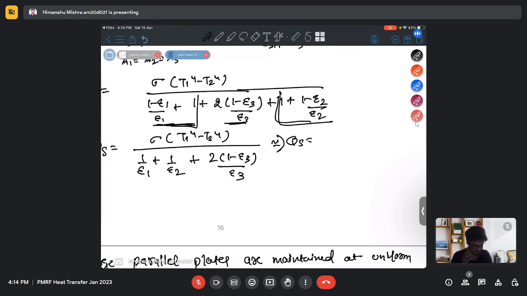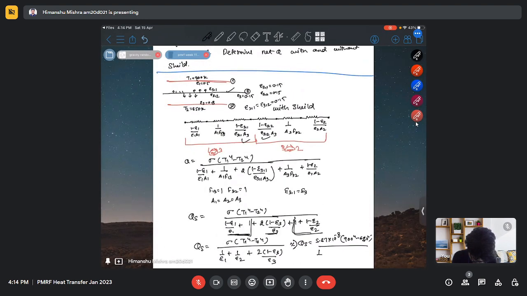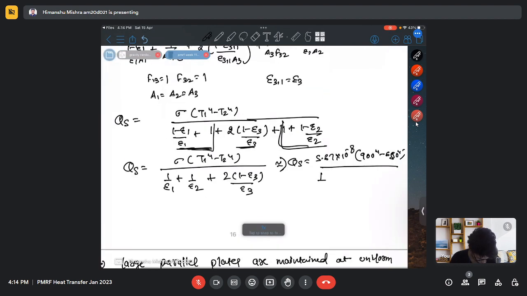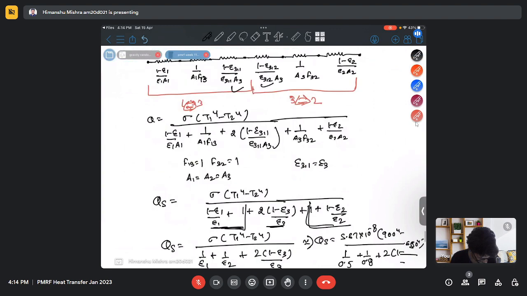So for the heat transfer with shield, the emissivity given is epsilon 1 is 0.5 and epsilon 2 is 0.8, and epsilon 3 is 0.15.